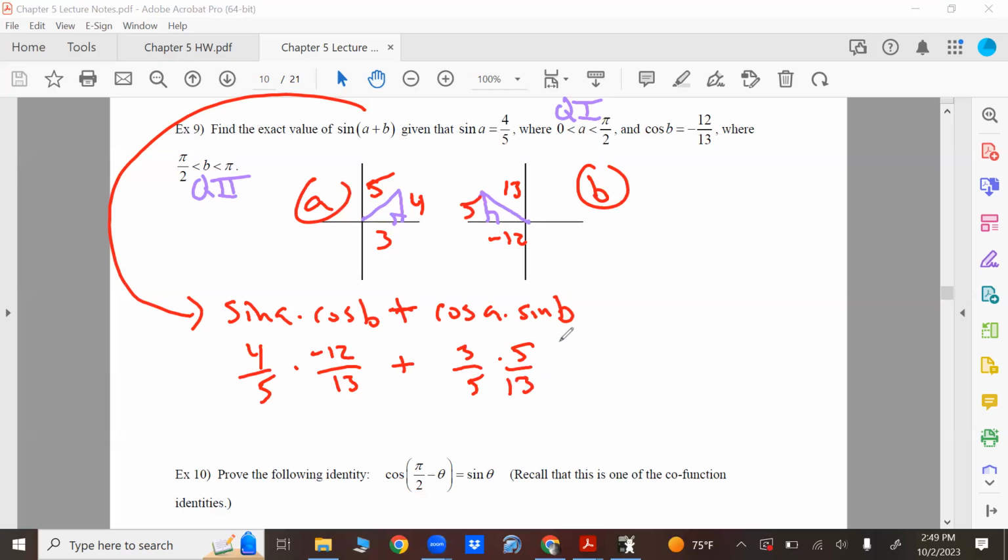Did I do that correctly? Yep. So I get negative 48/65 plus 15/65. You should get negative 33/65.